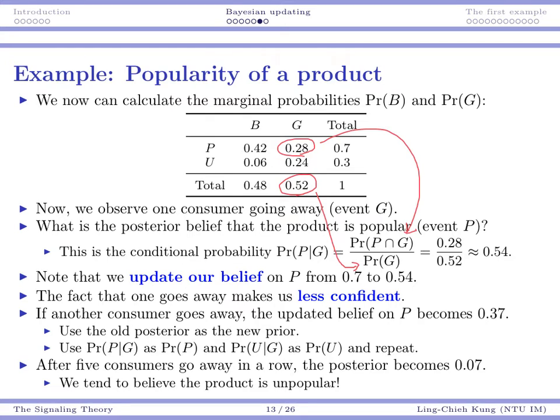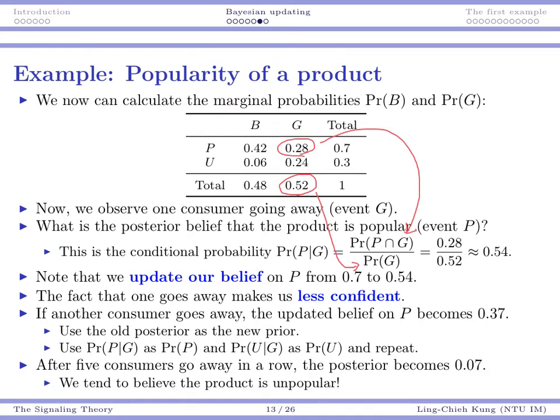The probability that the product is not sold as a condition, and then we infer what's the probability for that product to be popular. It depends on these two probabilities, and then due to the calculation we can get 54%.